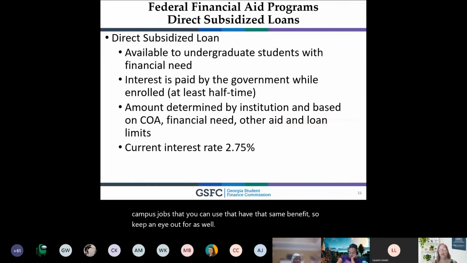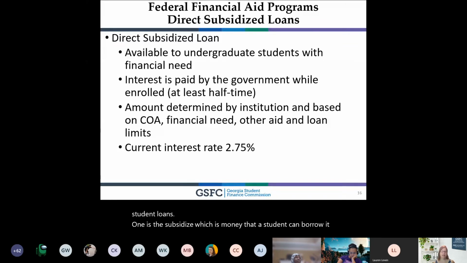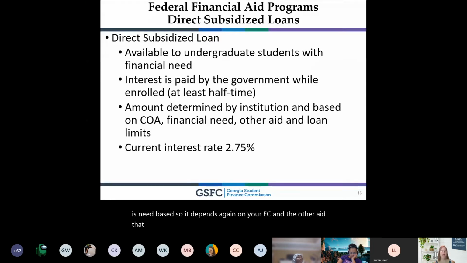And of course, you want to utilize all of your scholarships and grant money first. But if you have to and you need to go into loans, there are some available. So there are two different types of student loans. One is the subsidized, which is money that a student can borrow. It is need-based, so it depends again on your EFC and the other aid that you have.